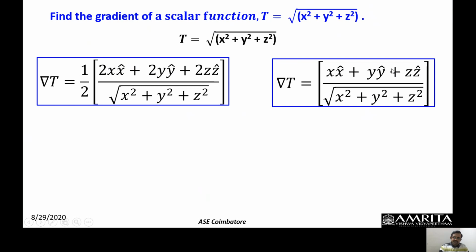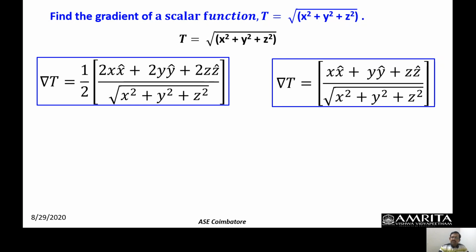So what is this function? This function we know is the radial vector to a point from the origin. Okay, this is the radial vector to a point in space from the origin. So del t can simply be the radial vector r divided by the modulus of that vector.